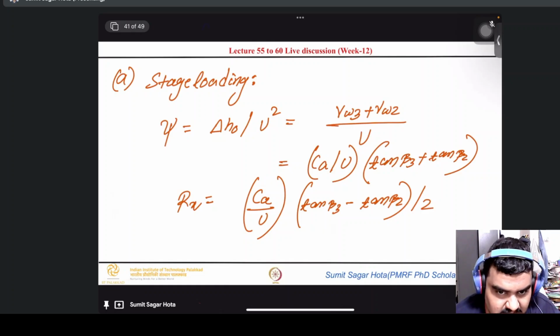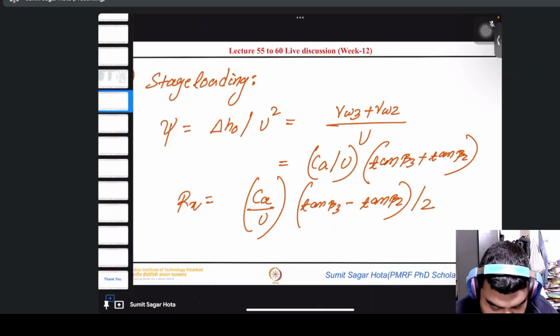So now we need to find out this tan beta 3 and tan beta 2, because it's beta 3, beta 2 especially we need. And we know for a 50% reaction, alpha 2 is equal to beta 3, alpha 3 is equal to beta 2. So these alpha 2, alpha 3 or beta 3, beta 2 we need for the relative and absolute angles.